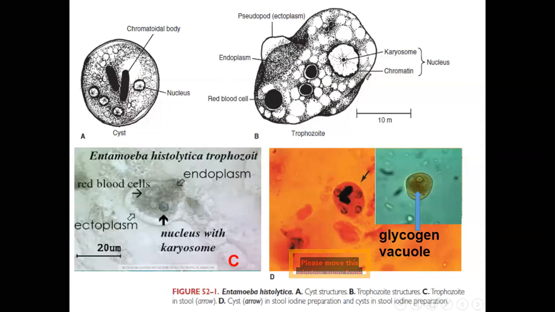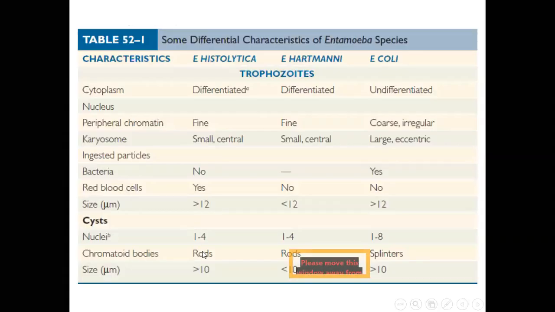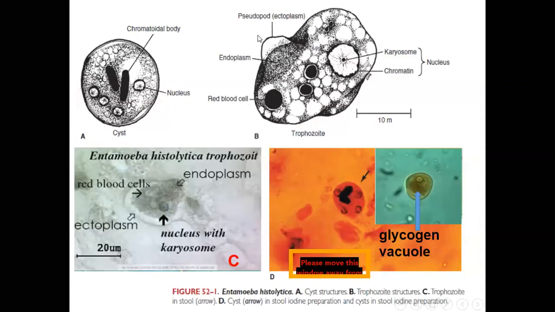This is the cyst of Entamoeba histolytica with 4 nuclei. And these are the chromatoid bodies. We said that the chromatoid bodies are rods, and فعلا أنهم على شكل رود.